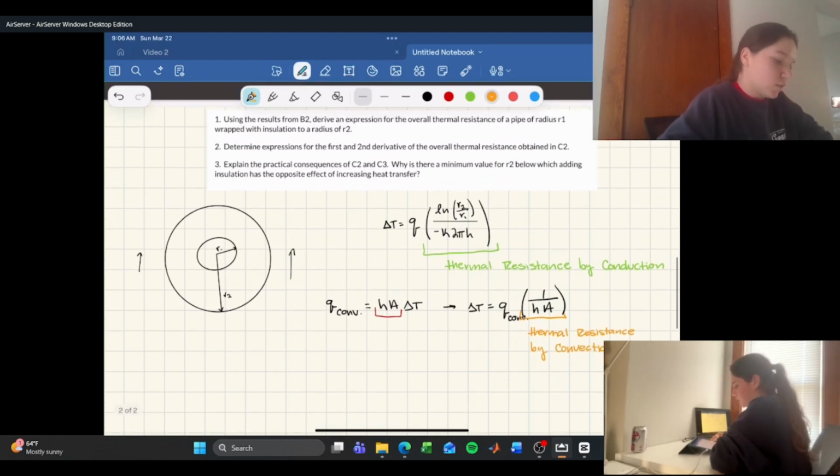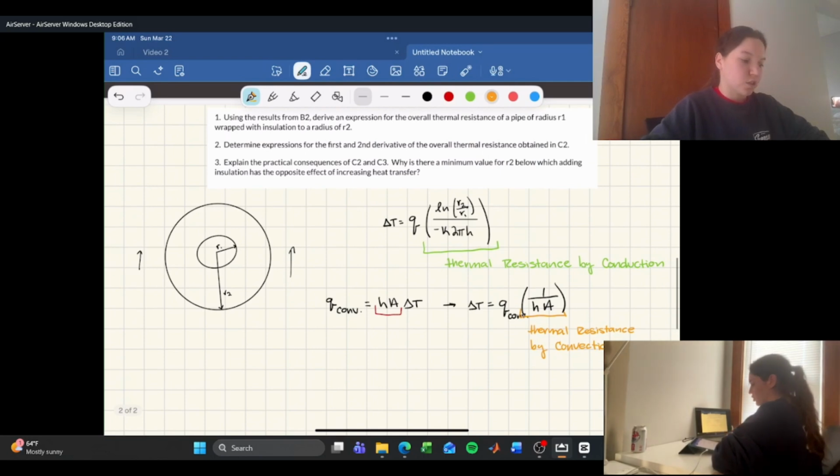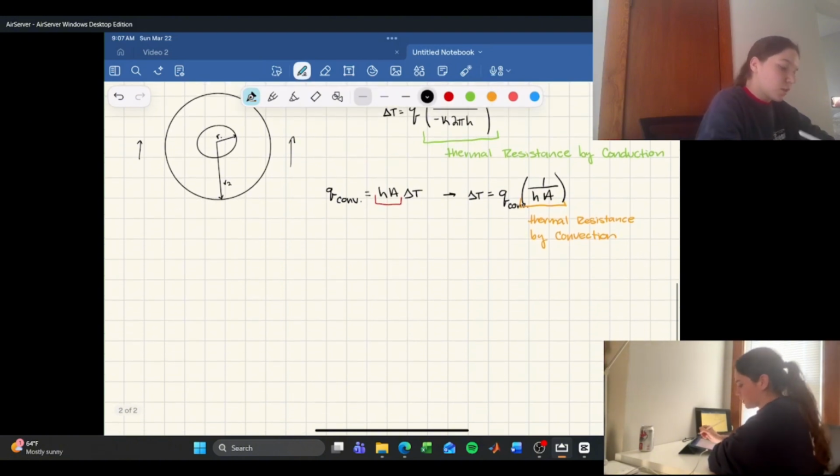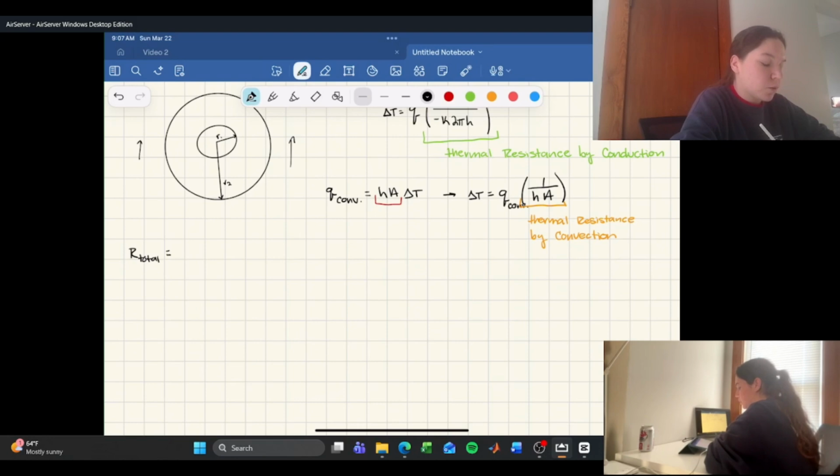And we can use this to find the overall thermal resistance for this question. To find the overall thermal resistance, that can be R total. This is going to be similar to how you would do an overall resistance for resistors in series. We're doing the same thing, but with the thermal resistance instead.